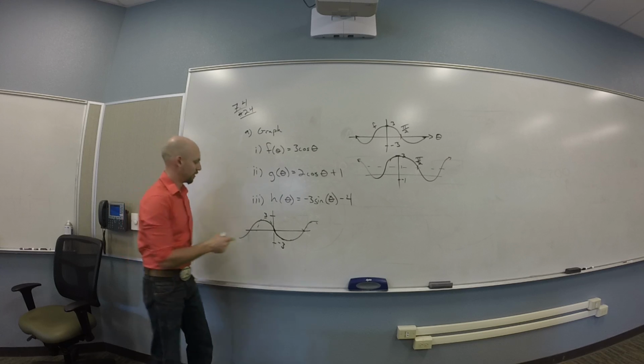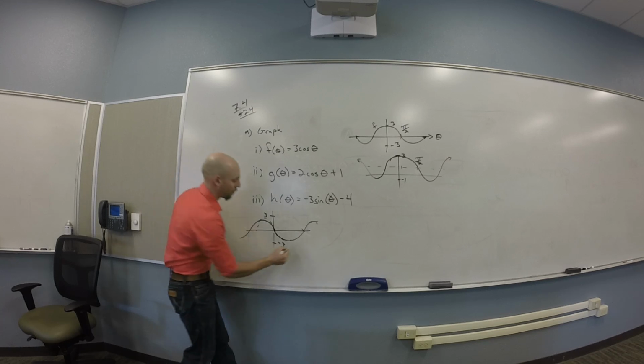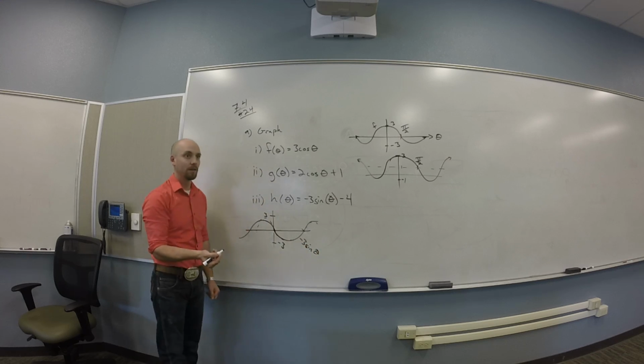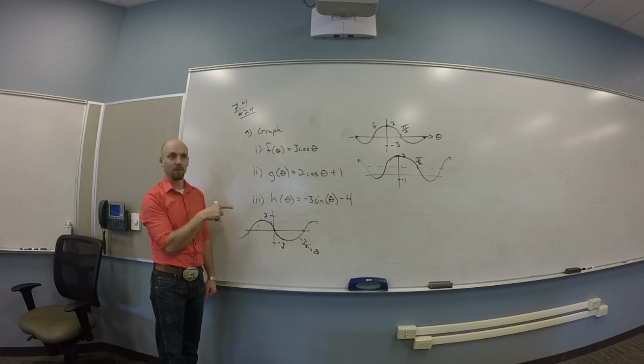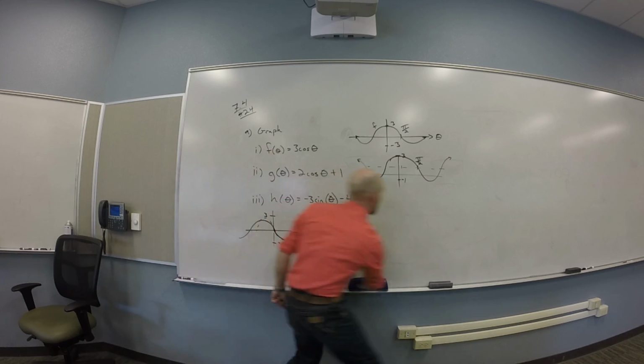Okay, so right now this is rocking what? What have I done so far? The stretch and the flip, right? So this right now is minus 3 sine theta, right? And then I need a vertical shift down 4, right? So what's my picture going to look like now?